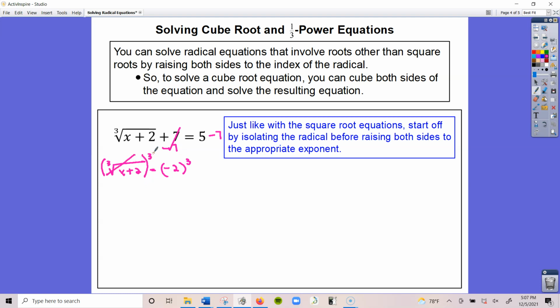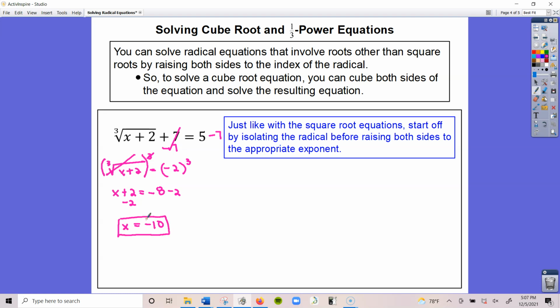That way the radical cancels with the exponent, and I'm left with x plus 2 is equal to, now negative 2 cubed is negative 2 times itself 3 times, which negative 2 times negative 2 is 4, times a third negative 2 is negative 8. And then now I subtract the 2, and I get that x equals negative 10.